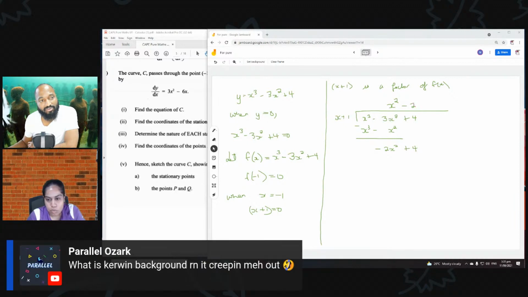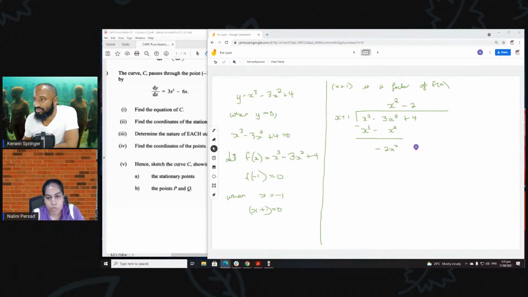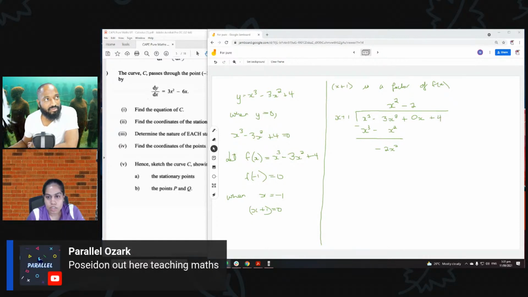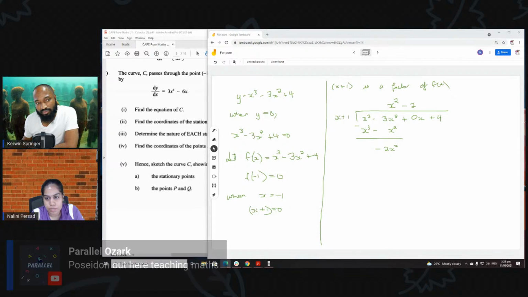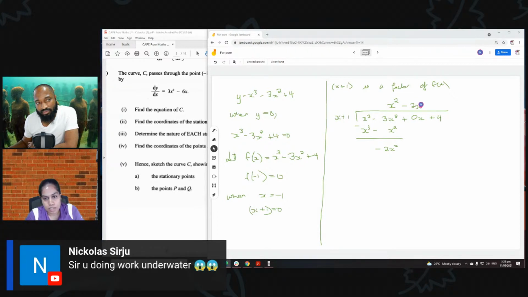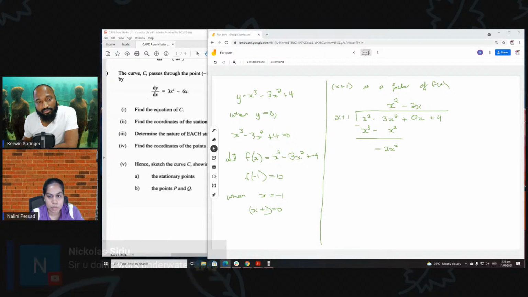Well, we wouldn't bring down the positive 4. We need to introduce that term in x. So without changing the equation, we introduce plus 0x plus 4. So minus 2 by x will give you minus 2x squared, and minus 2 by 1 will give you minus 2x.